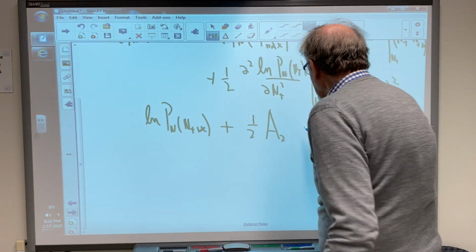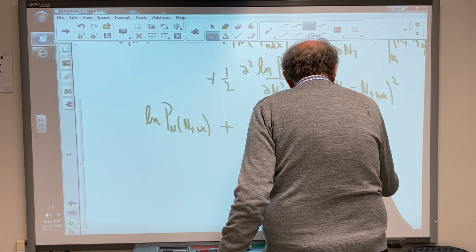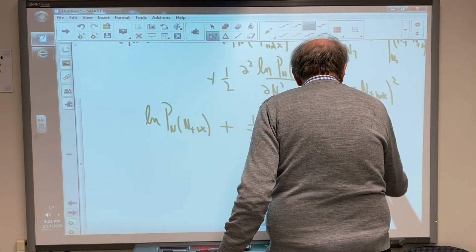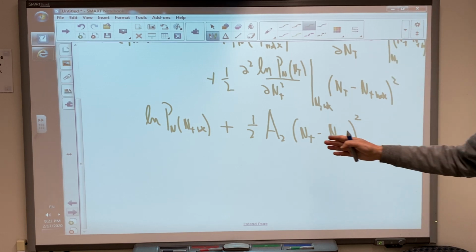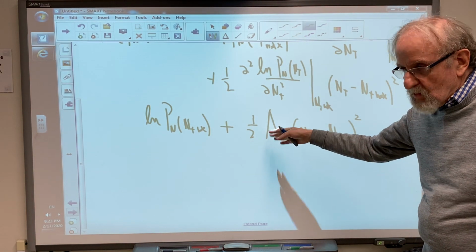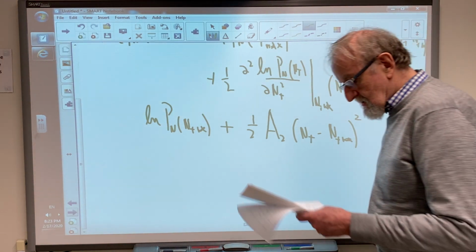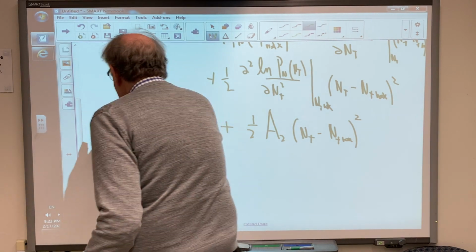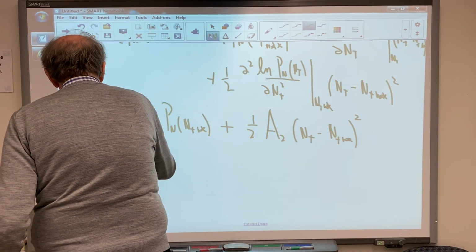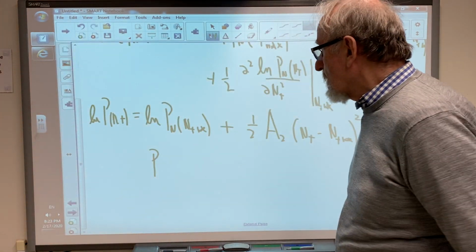It's some number times n plus minus n plus maximum squared. All I did is I said the first term will vanish, but the second term I'm giving it a name, but we'll have to calculate it. So if this is the case, then this is the logarithm of Pn plus, expanded to second order.